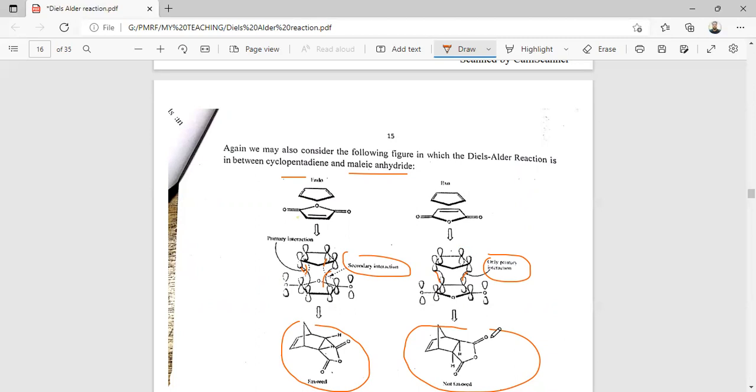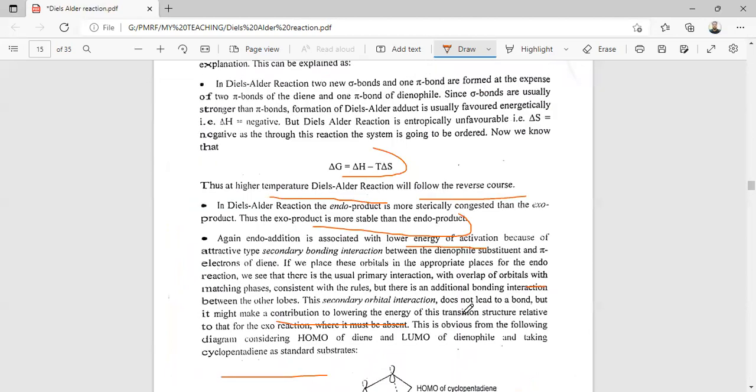Due to this, in the endo product there is a primary and secondary orbital interaction, but in the case of the exo product there is only the primary interaction. So that's why at lower temperature in the Diels Alder reaction the endo product is formed, but at higher temperature the exo product is formed.